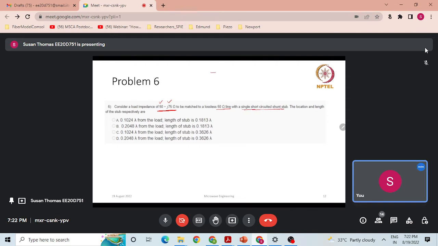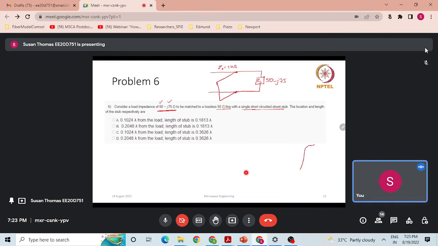Say you have a transmission line, and at the end of the transmission line you are connecting the ZL, which is 50 minus j75, and Z0 is equal to 50 ohm. Single short circuited shunt stub. Shunt means in parallel. So you have a short circuited stub.